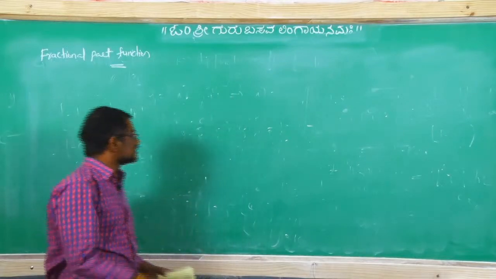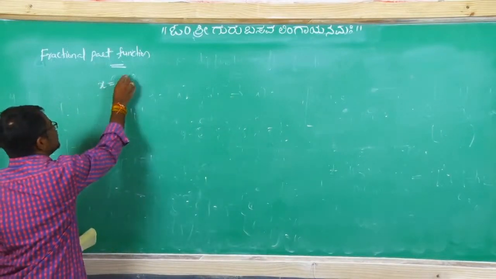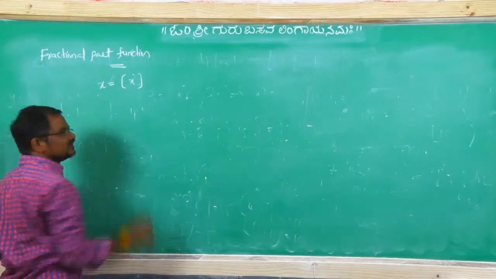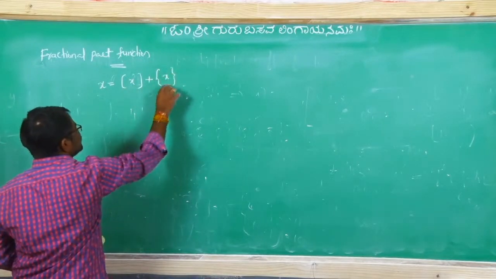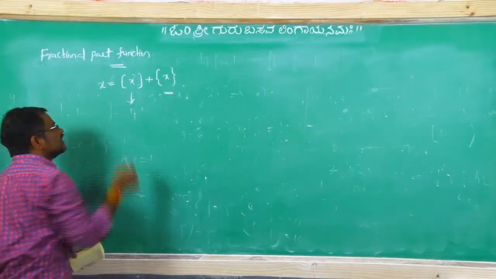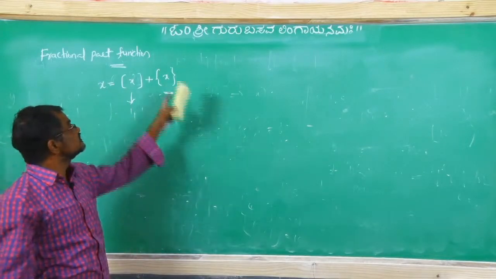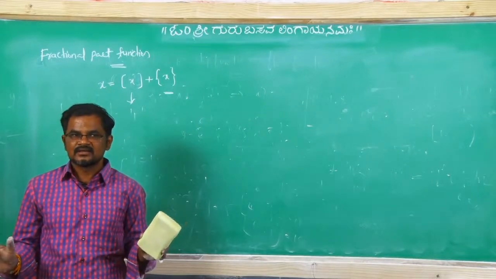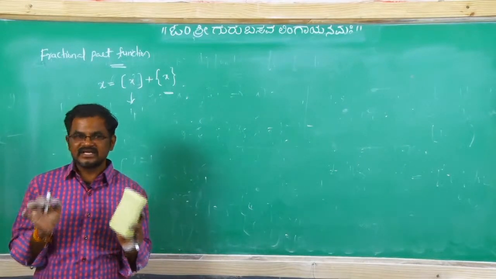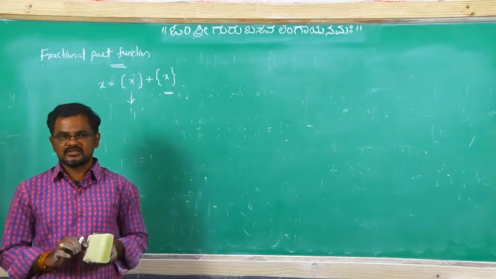Every real number can be written as one integral part and one fractional part. Fractional part is denoted by this symbol. Integral part we have already seen. Every real number can be written as an integral part plus a fractional part.